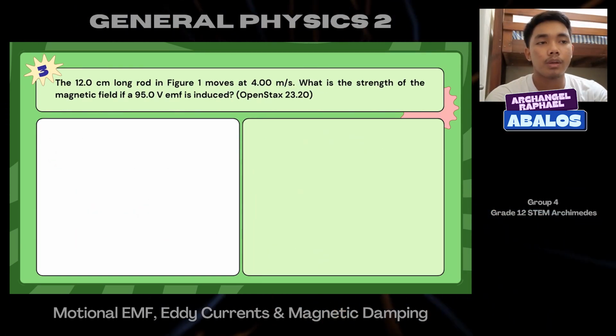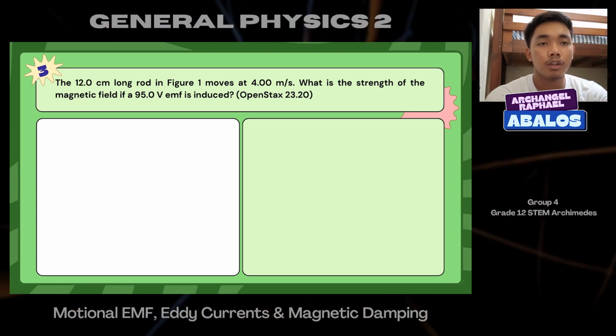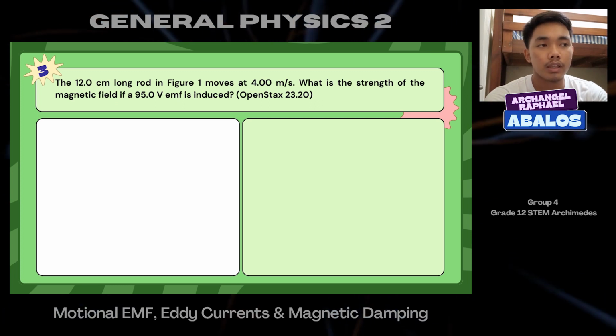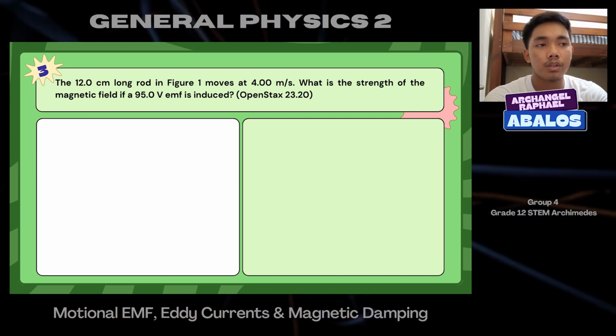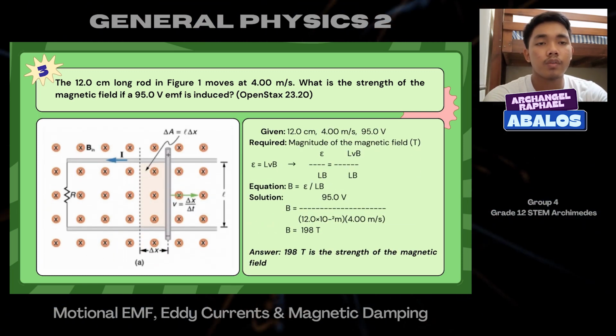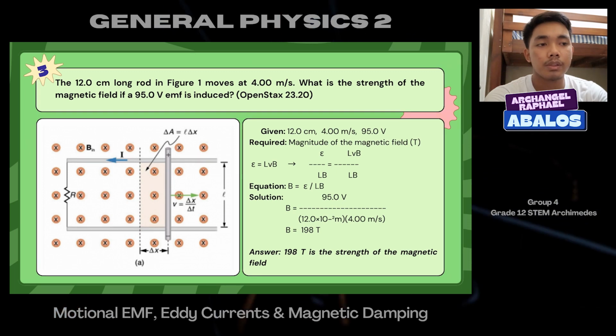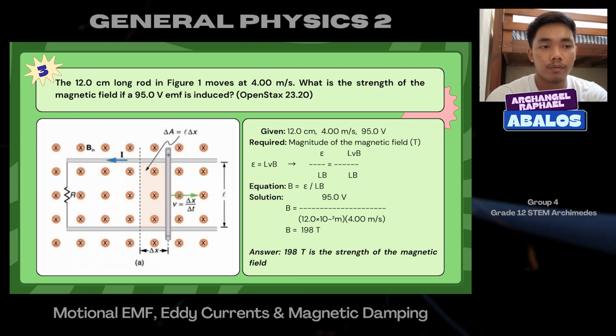So for our sample number 3, we have a 12 centimeter long rod in figure number 1, which moves at 4 meters per second. What is the strength of the magnetic field if a 95 volt EMF is induced? So first, our given is the length, which is 12 centimeters, followed by a velocity of 4 meters per second. We also have 95 volts, which is the EMF.